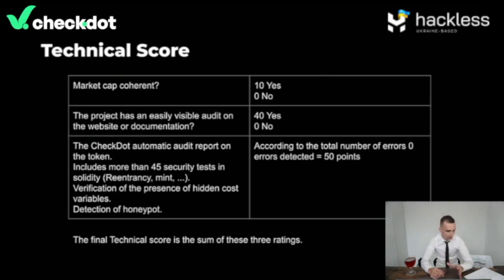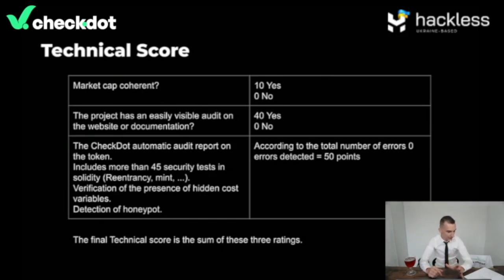We check the alert level and determine a score between 0 and 50 points resulting from the technical analysis: verification of various exploitation, verification of hidden variables, and detection also of other vulnerabilities.